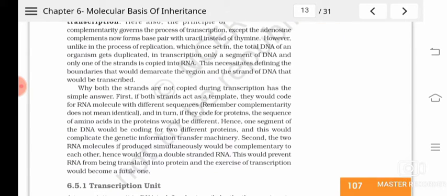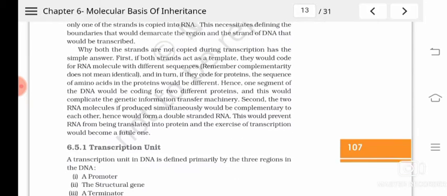I told why both strands are not transcribed. If both strands are transcribed, the RNAs formed will be complementary to each other and they will pair, and the proteins formed from this will be entirely different, isn't it? I have already explained that in the class.